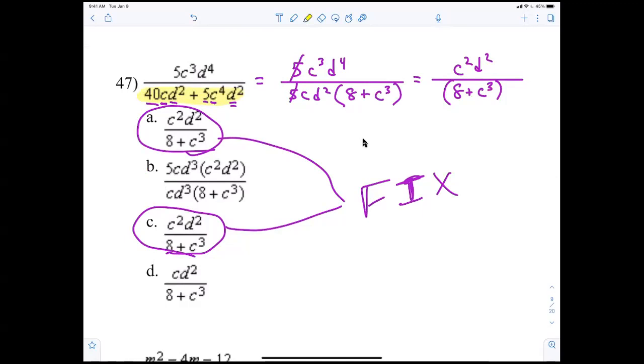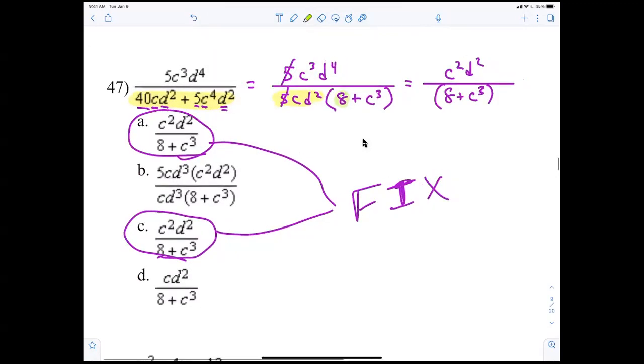Do you agree? Yeah. So if I factor out a 5CD squared, there's just an 8 left here, right? Then if I factor out a 5 and a C, that means there's 3 C's left and no D's. Is there 5 C's? There's C to the 4th. The exponent tells you how many C's there are.